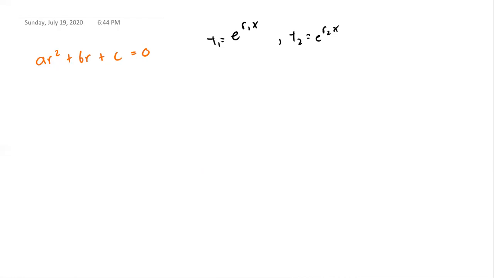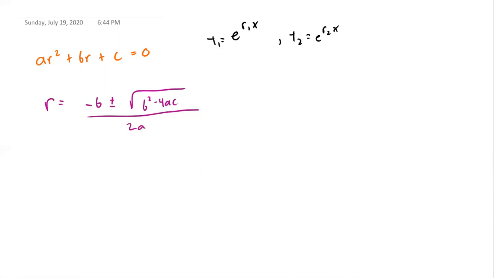So before I go into that, let's see what the roots look like. Let's use the quadratic formula. The formula is negative b plus or minus the square root of b squared minus 4ac, all divided by 2a.